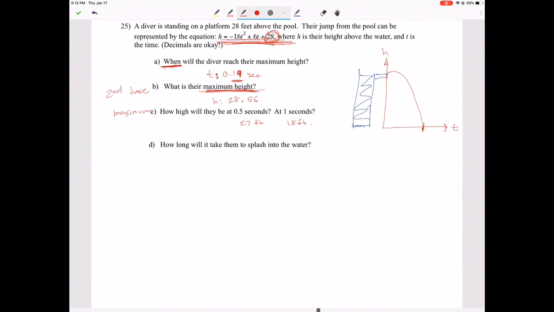Okay, and how long will it take for it to splash in the water? You would use second, trace, and select 0, which is 2. Maximum, I think, is 4. Okay.